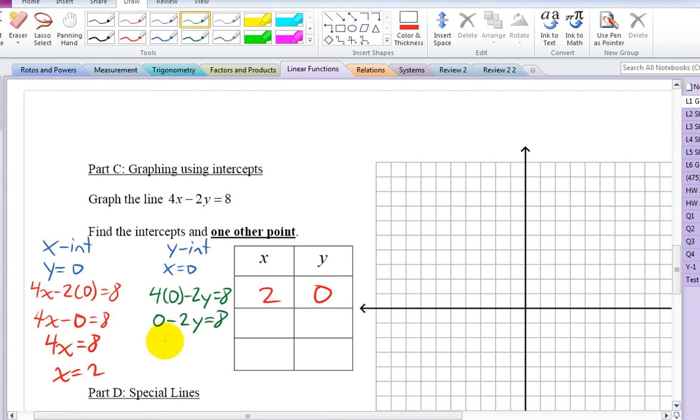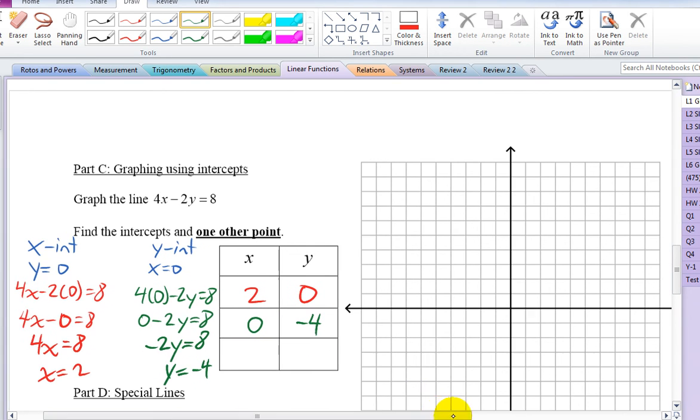Another one is going to be negative 2y. That's tricky, right? 0 minus 2y is negative 2y. Okay, double check you have that negative sign there. It's a mistake we sometimes make. And so y equals negative 4. So here we have 0 for x, negative 4 for y. Plot those 2 points, make a straight line, go.